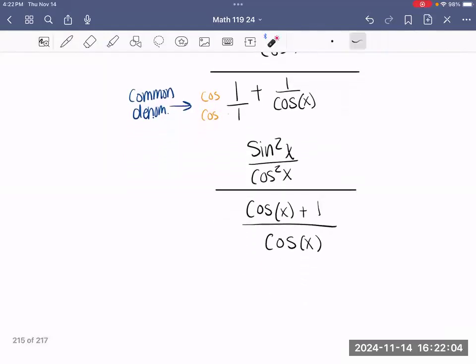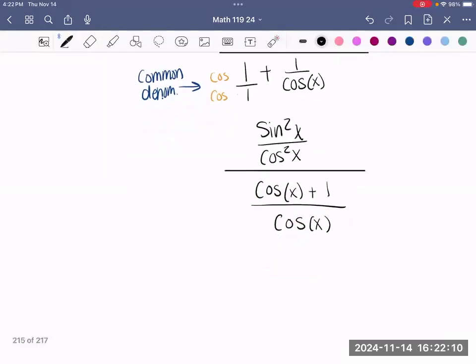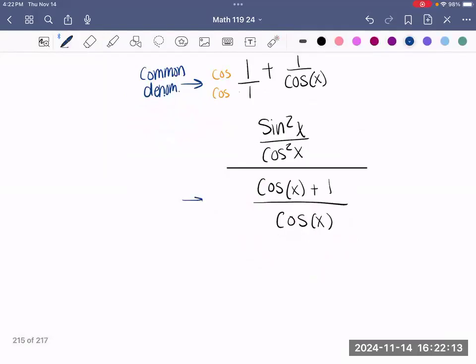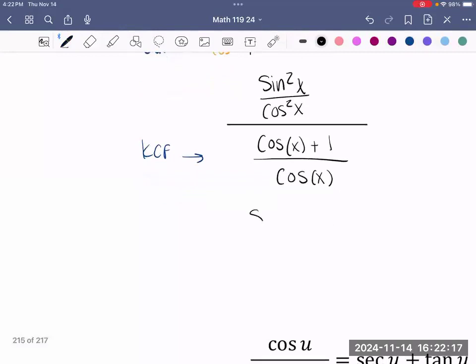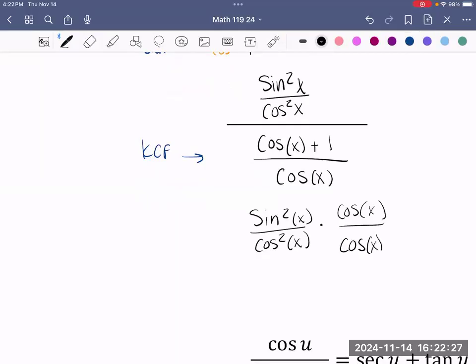All right, now that everything is kind of fixed up, there's not much I can do to take this any further. So let's go ahead and keep change flip. See if things might cancel. So if you have sine squared over cosine squared times cosine over cosine of x plus 1, notice that your cosines are going to cancel.